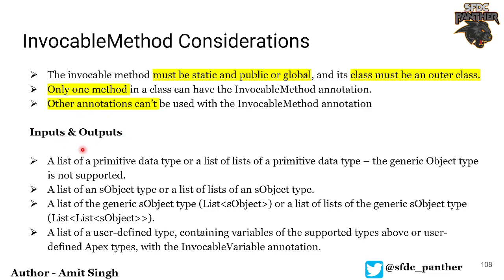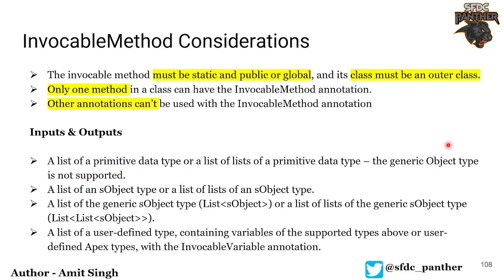These are also very important, and these points can be helpful while you are working, or when you are appearing for an interview. So when we talk about input, a list of primitive data types can be accepted as a parameter, and the generic object type is not supported.